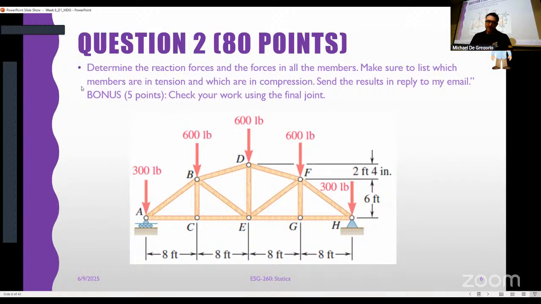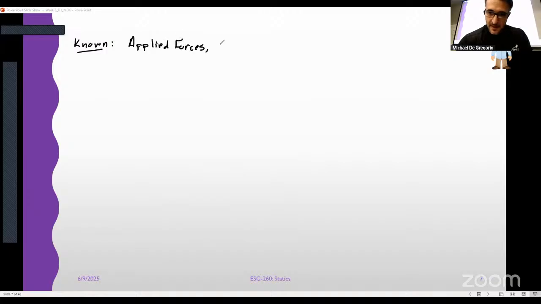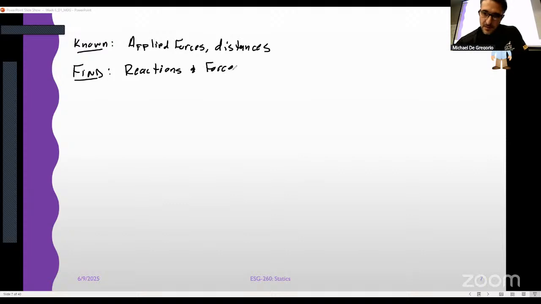Okay. So, knowns. All right, let's get to it. The knowns are the applied forces and the distances, or dimensions, or however you want to say it. Find the reactions and forces in all members.